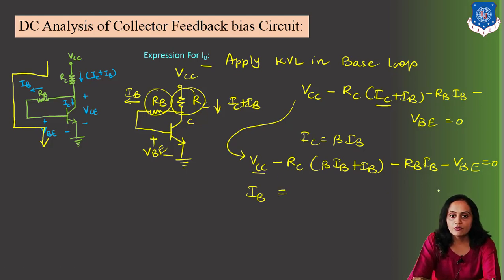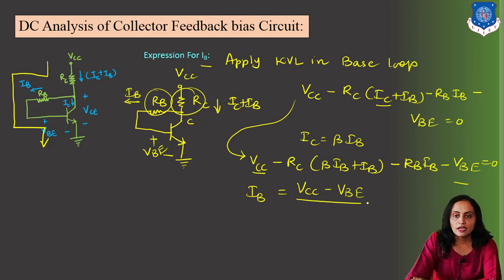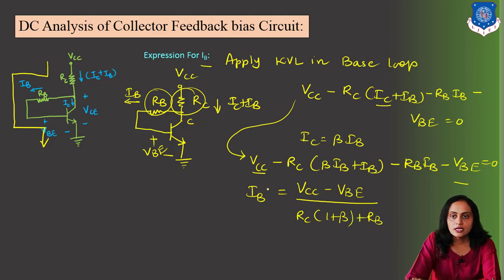Then we will have VCC minus VBE. We send the terms containing IB to the right hand side, and the coefficient of IB will be RC into (1 plus beta DC) plus RB.